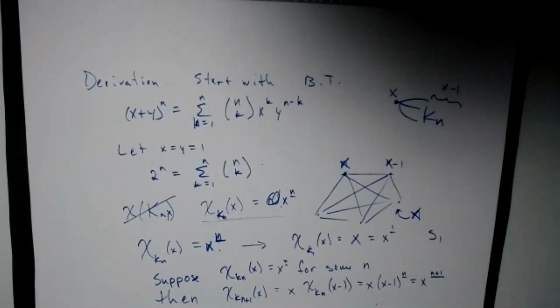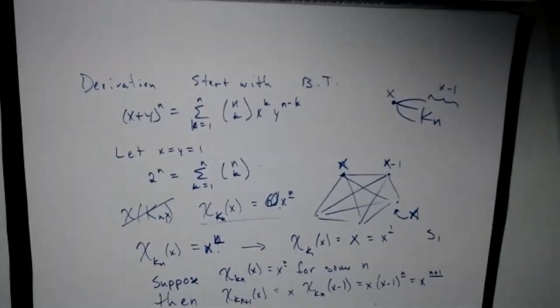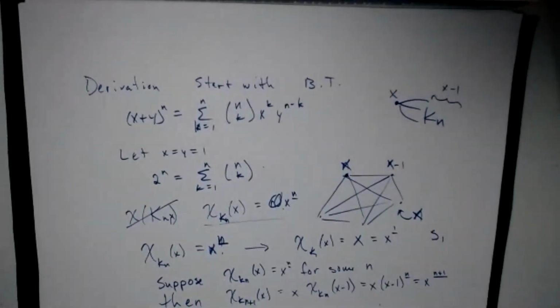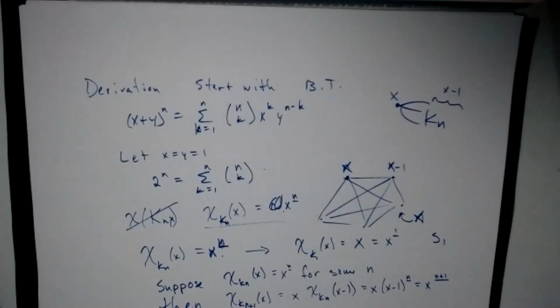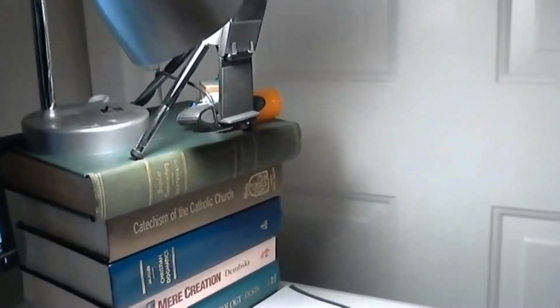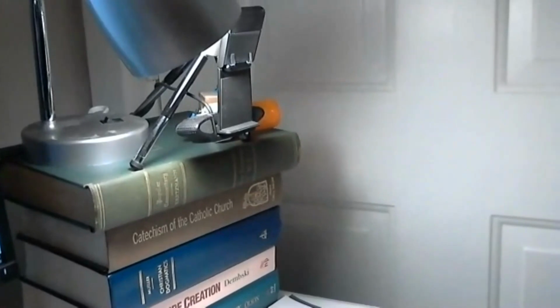Let me try to fix my light a little. Did I ever show you guys my setup? It's pretty crazy. Hang on. To show you why this is such an odd little thing, let me switch my cameras here. So I've got a webcam hung upside down off of the top of a stack of books.